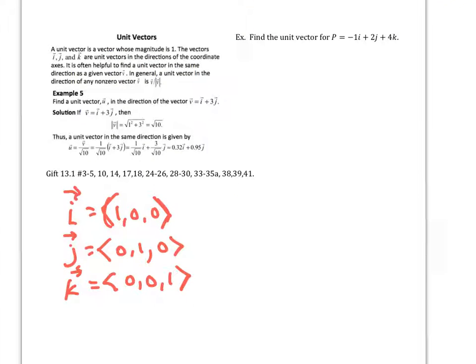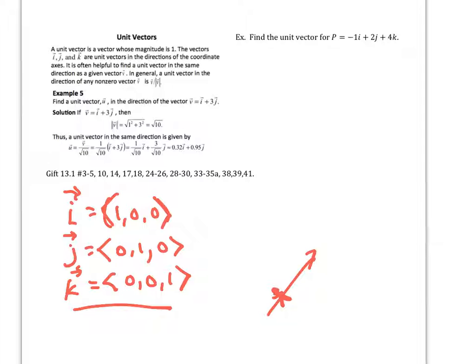Now I just mentioned that these are all unit vectors because they have a length of 1. What happens now though is that we want to be able to use different vectors that are of length 1 in order to manipulate them and use them later on. And so if it is off in this direction, what we can do is take this vector and make it of unit 1 length.